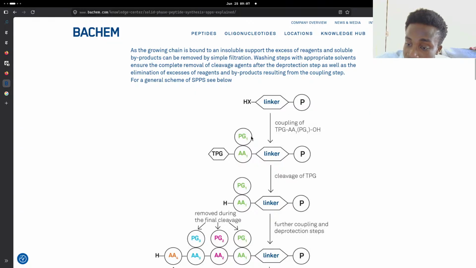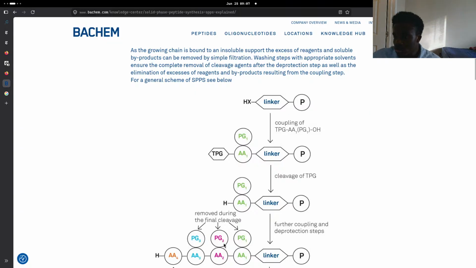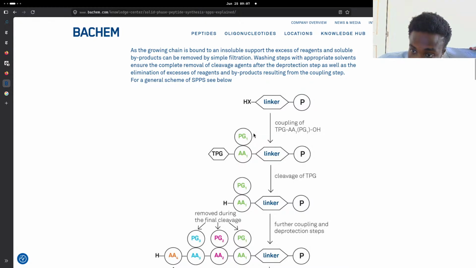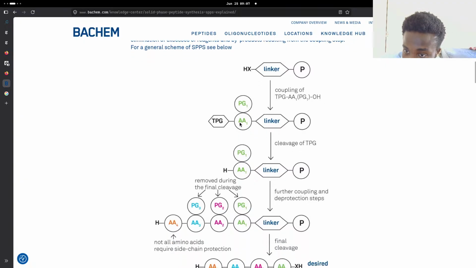Let's assume this is the protecting group for the side chain, which for instance in histidine could be the trityl, right? So let's assume that's the case. Then, when we want to add a new amino acid, we take this temporary protecting group off, so we cleave it off.